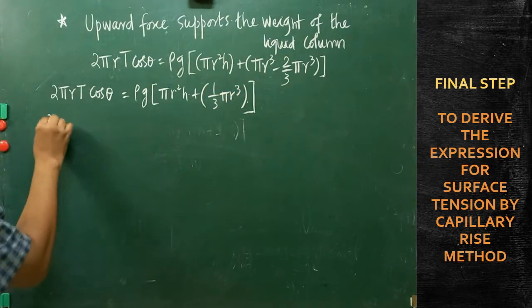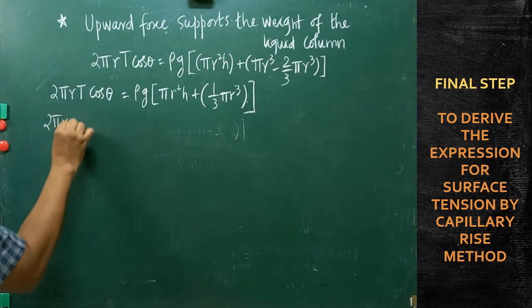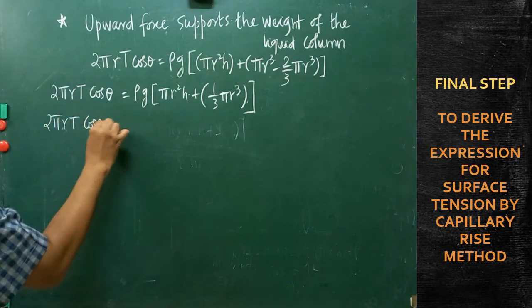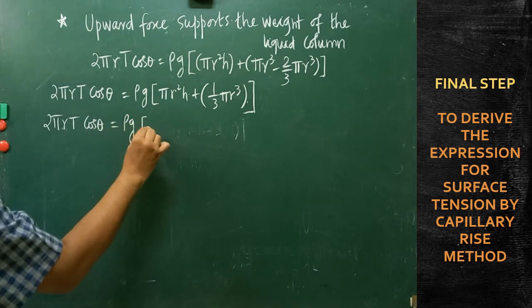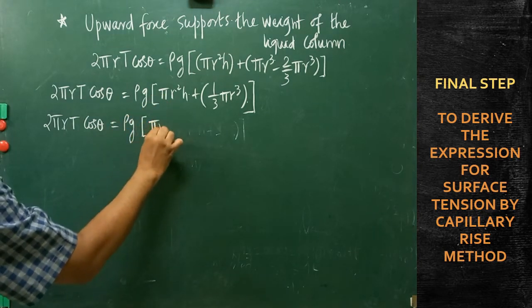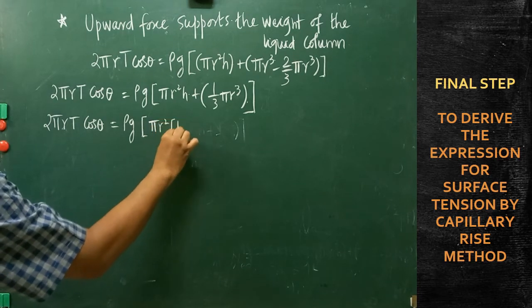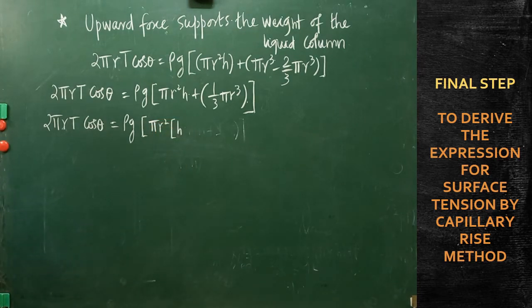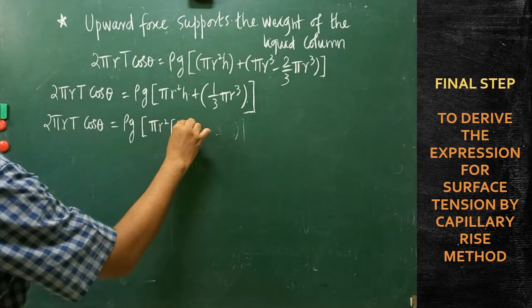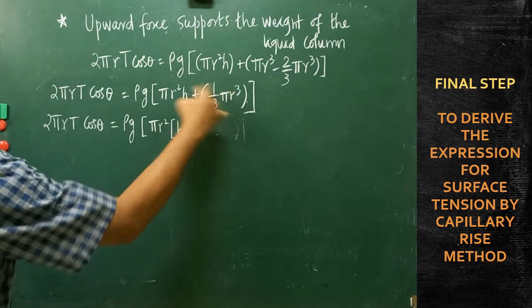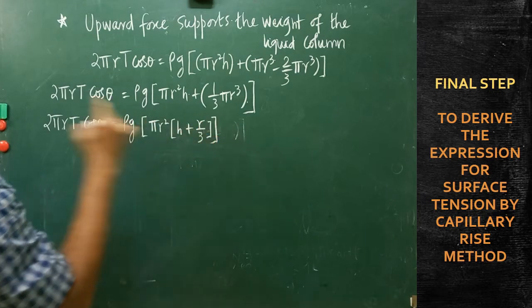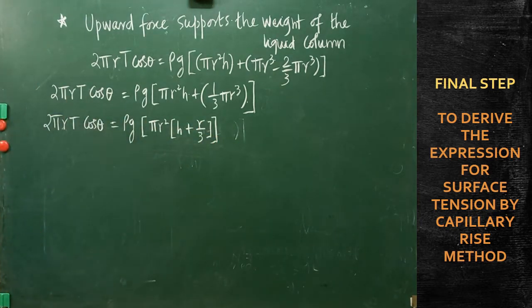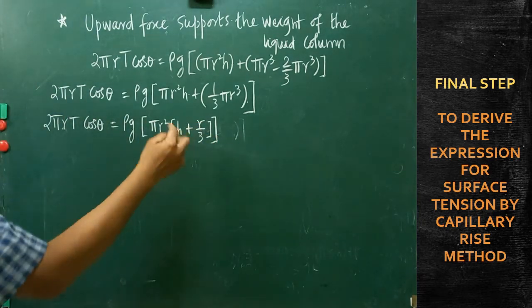Are you clear? 2 pi r T cos theta is equal to rho g. Pi r square can be taken outside and h can be written within the bracket. The remaining factor is r by 3, since one r square is taken out. Are you clear? When compared to h, r by 3 is negligibly small.